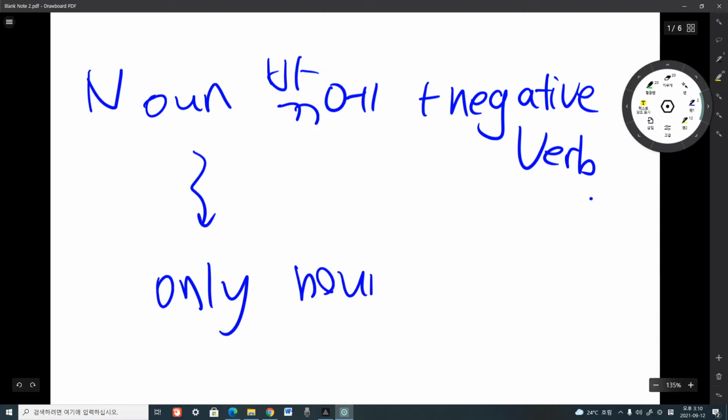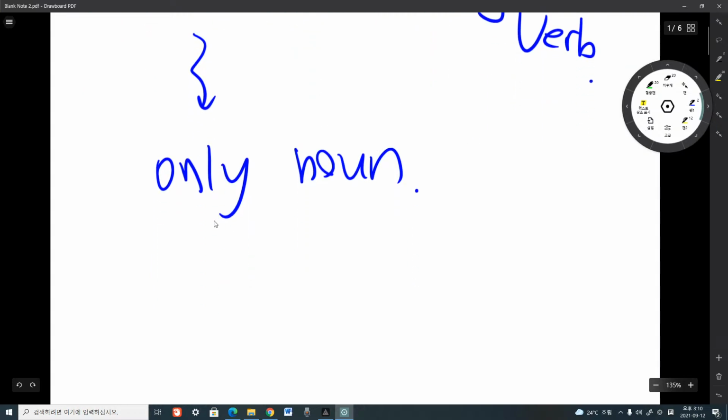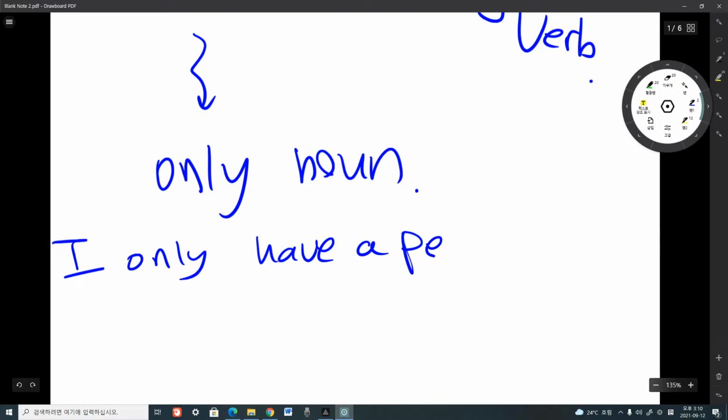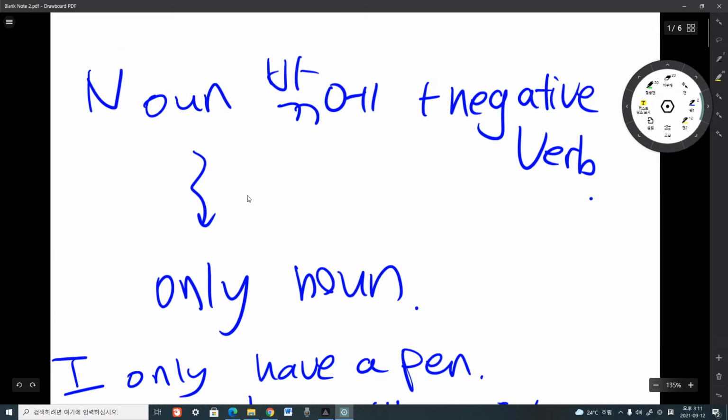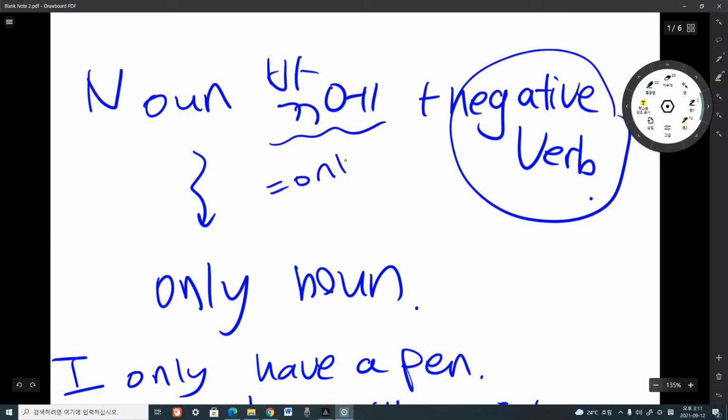So if you say, I only have a pen, you can say 저는 펜밖에 없어요. I only have a pen. So you're supposed to use a negative verb when you're using 밖에 to mean only or just.